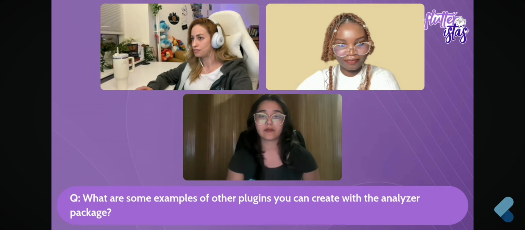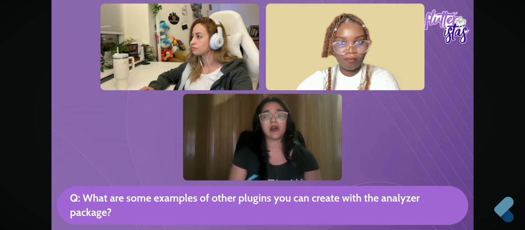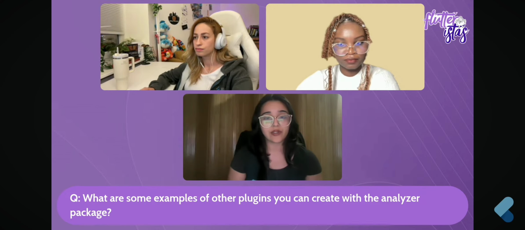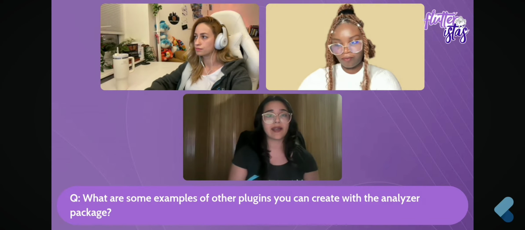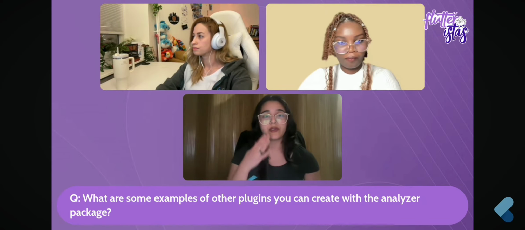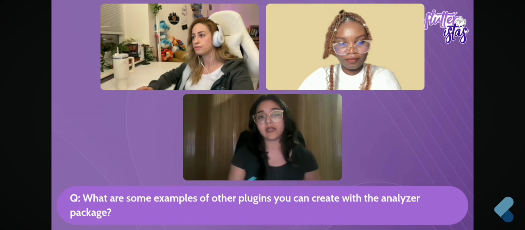What are some examples of other plugins you can create with the analyzer package? So really it's up to your project-specific needs. The way that I like to think about it is that whatever plugin you create, you will just extend the analyzer package capabilities. So that comes with anything revolving around static code analysis, really.